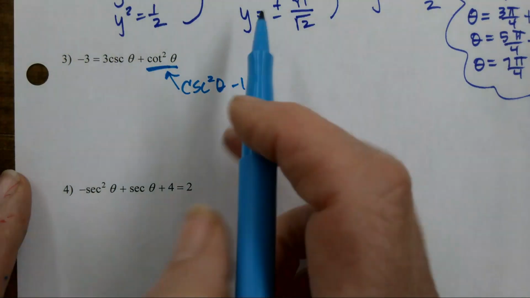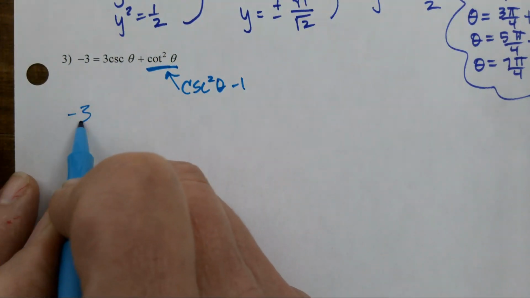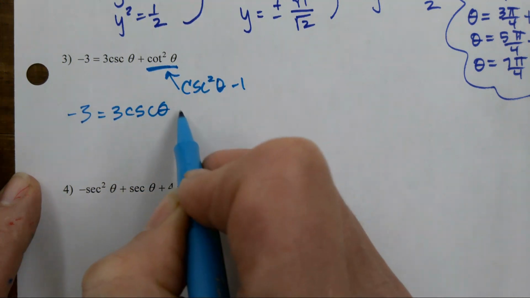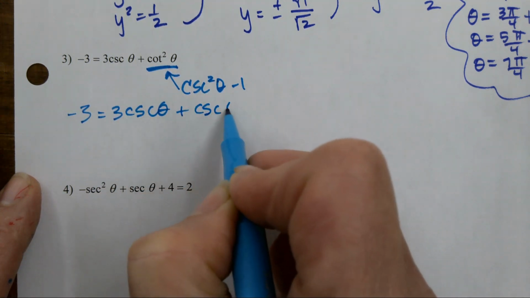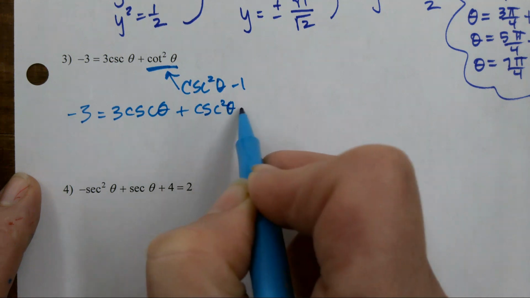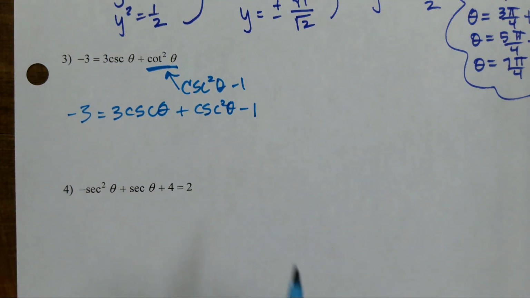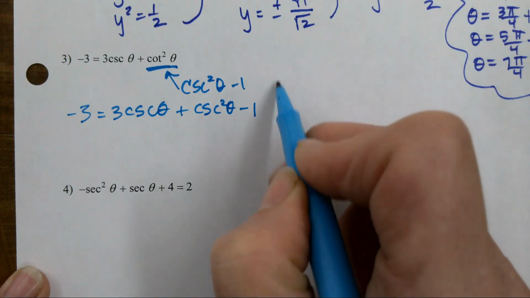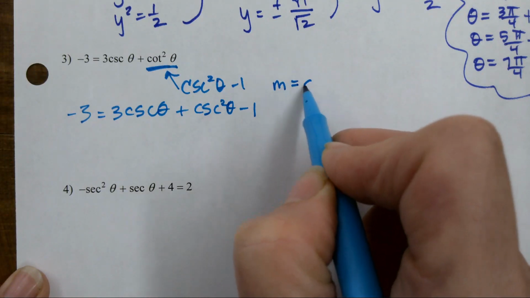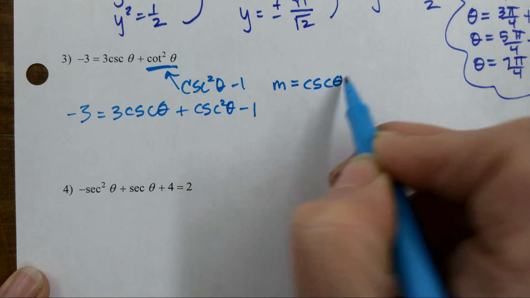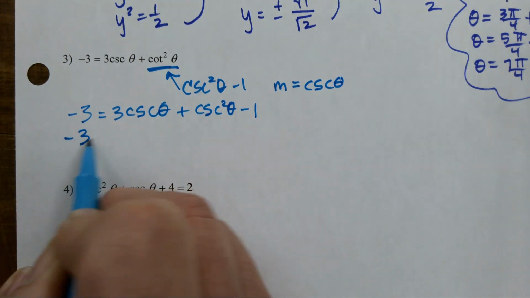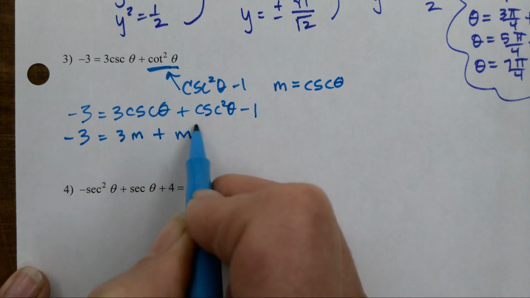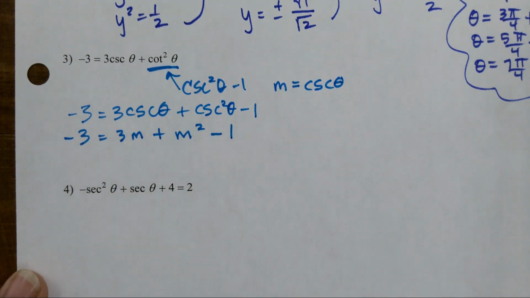How does this help me? Because now I have -3 equals 3 cosecant theta plus cosecant squared theta minus 1. Now that I'm down to one variable, I'll just call cosecant m today. And so this is -3 equals 3m plus m squared minus 1.